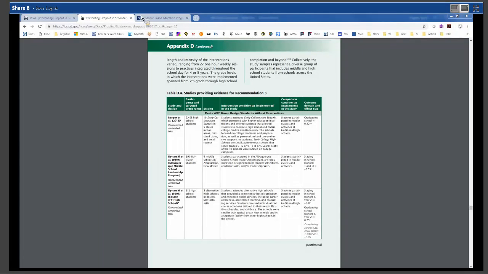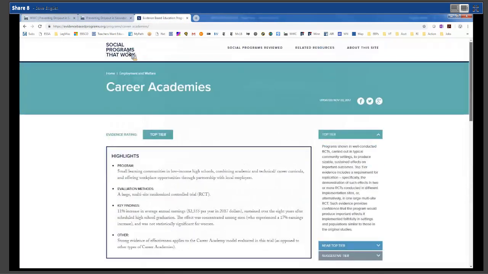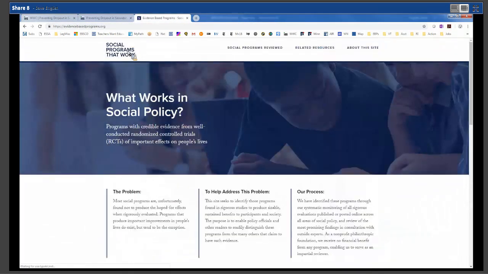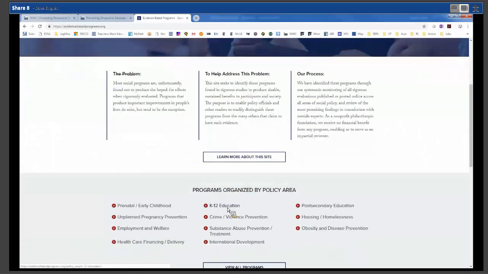And just to show you this website really quickly, and then we'll open it up to questions. This is the Social Programs at Work website. And I already said that the key criteria we're looking for is around sample size.